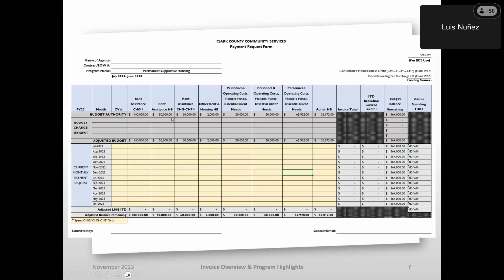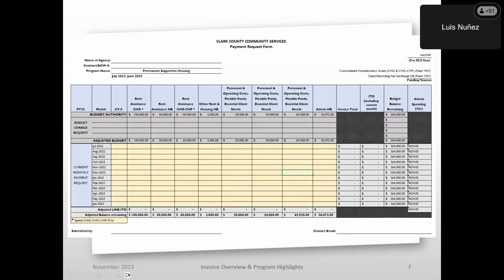It's important to make sure that you are spending out the correct funding source first. As you can see at the bottom left, there's a little section that says spend CHG, CHF first. This is vital, making sure to spend out that funding source first before you move over to House Bill. House Bill is the local dollars versus the grant dollars.